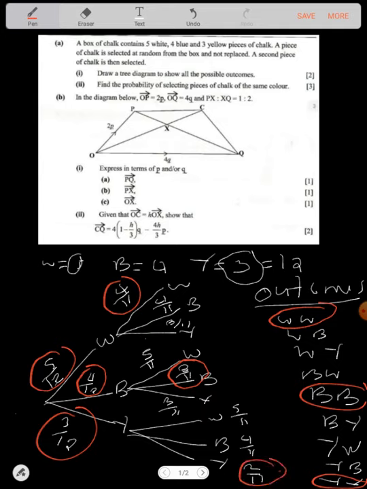So when you multiply this, add it to when you multiply this, then add your answer to when you multiply these two, confirm that your answer is 19 over 66.